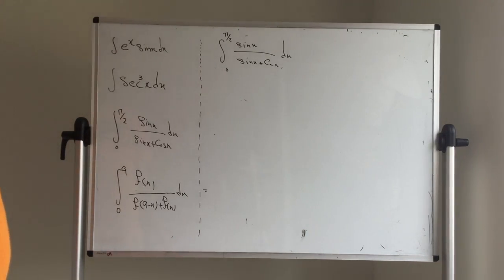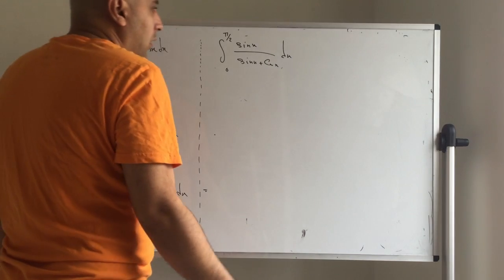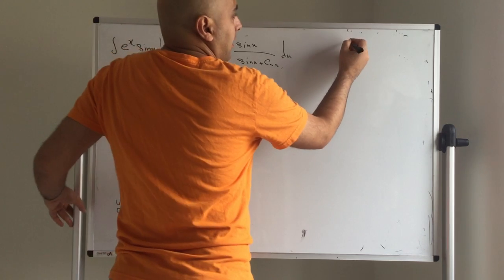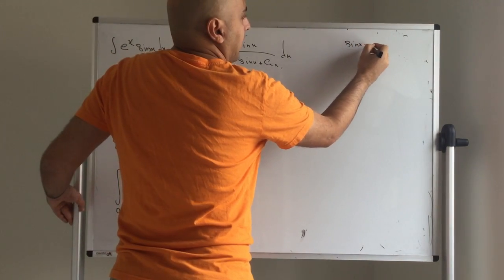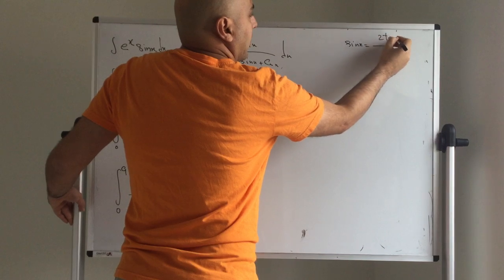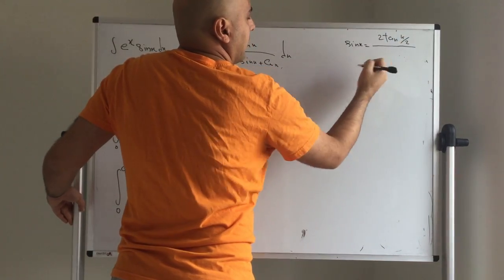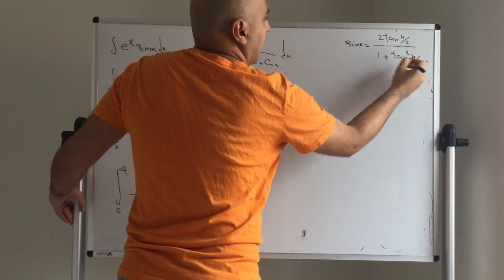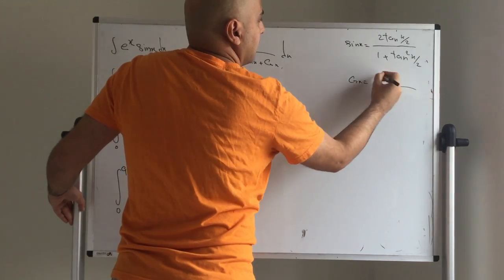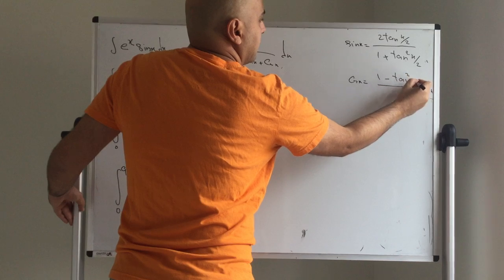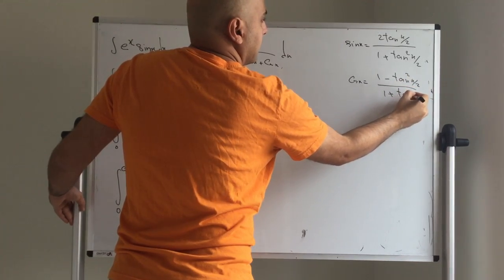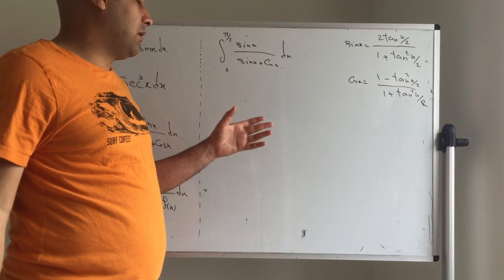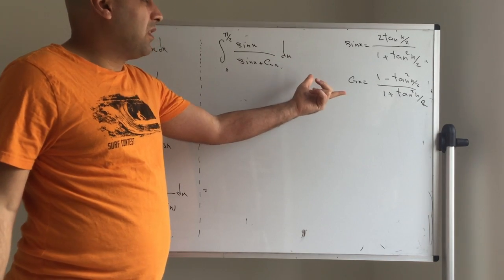Okay. The first method that I can use is the change of variable sin x equal to tangent x. We can use this variable change, but it's very costly.